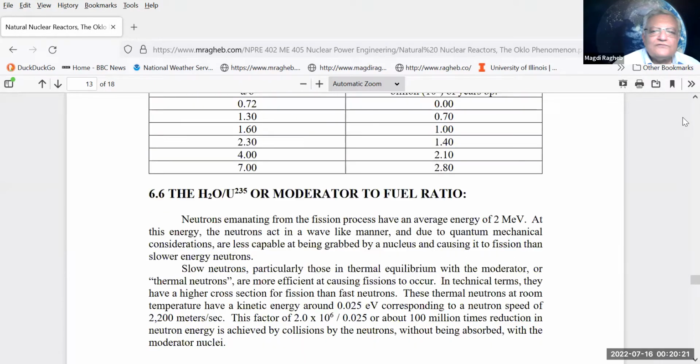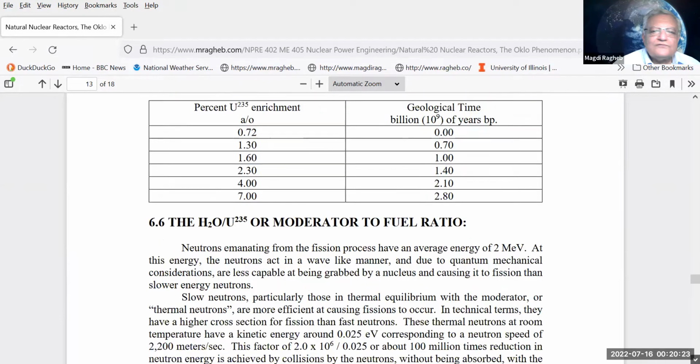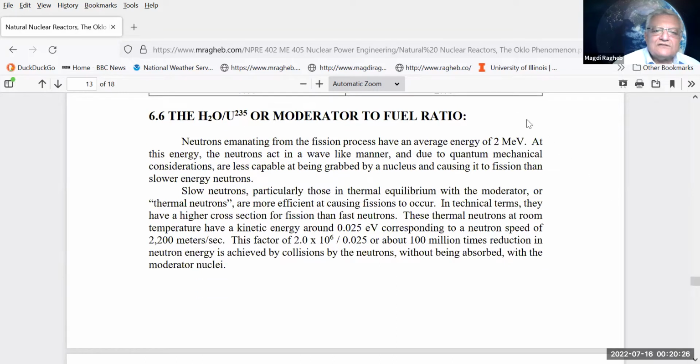There was another important parameter that existed at the time. The area of the marshes was consistently being flooded with water, and then the water receded and disappeared. So in that case, the water acted as a moderator in the marsh environment, and the moderator to fuel ratio becomes also an important parameter in achieving a self-sustained chain reaction.